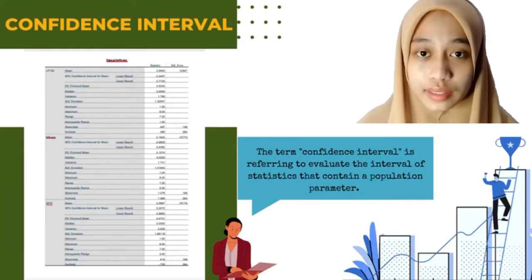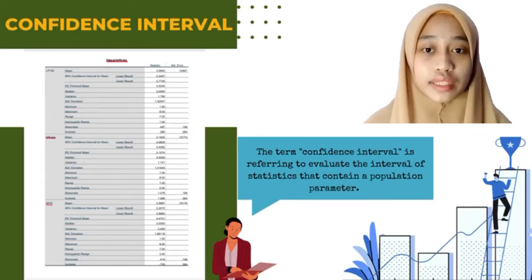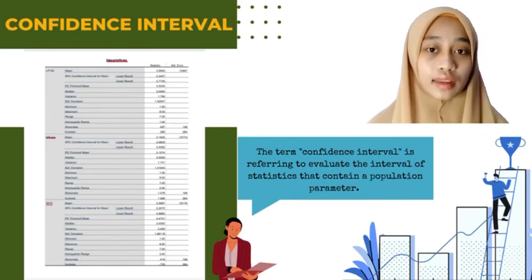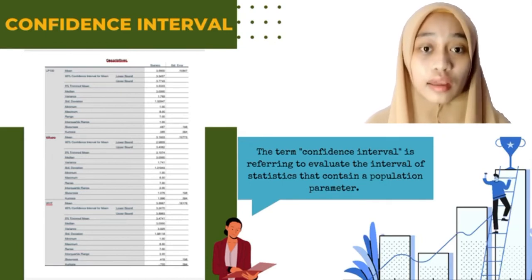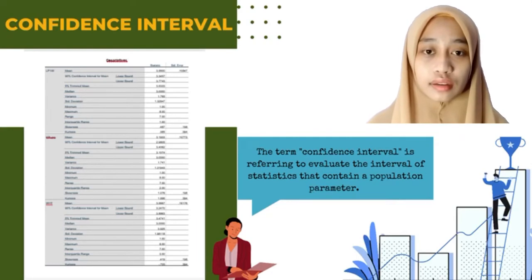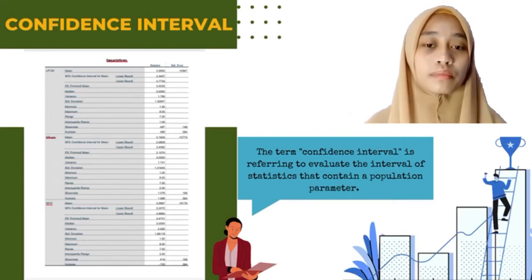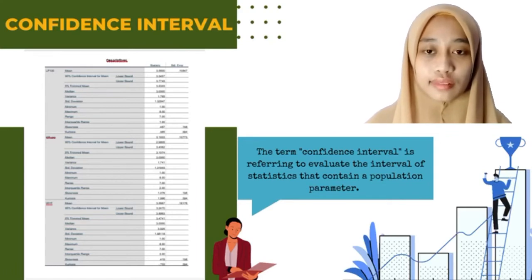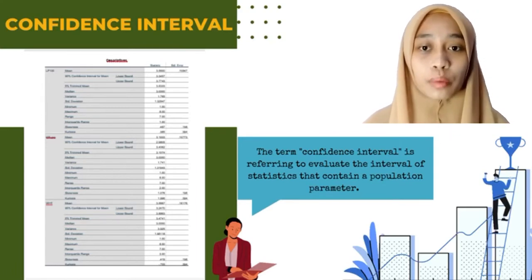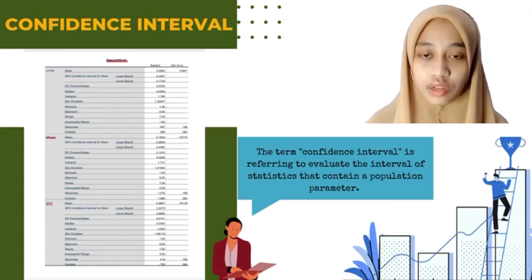The term confidence interval refers to evaluating the interval of statistics that contains a population parameter. By using SPSS, we collected the result of the 95% confidence interval. The mean for liter per hundred is 3.5600, the upper bound is 3.7743, and the lower bound is 3.3457.